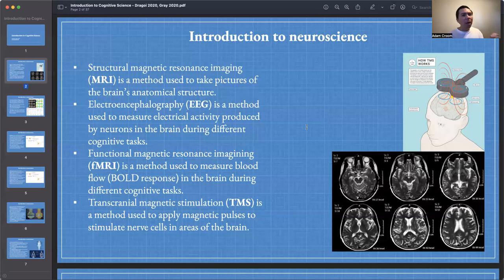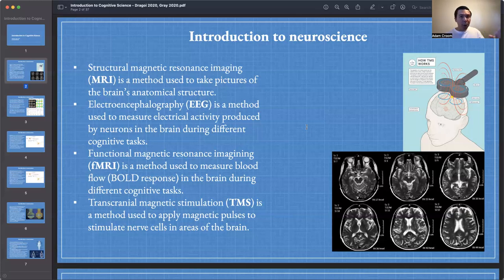In TMS studies, we may be able to turn off or disrupt a cognitive function, and we wouldn't know just from that study what the more long-term change might be.